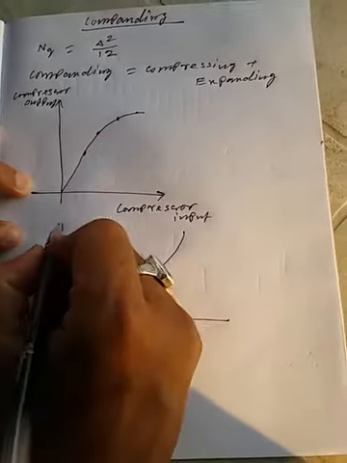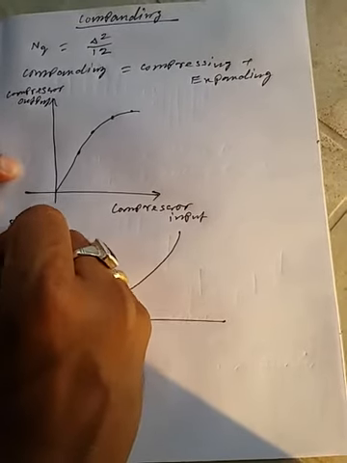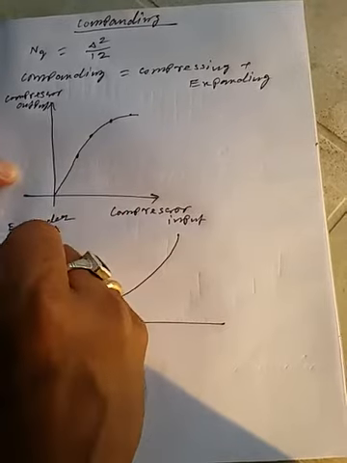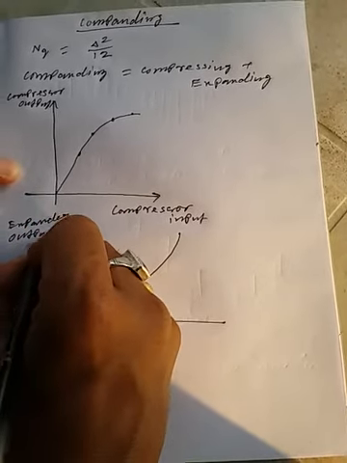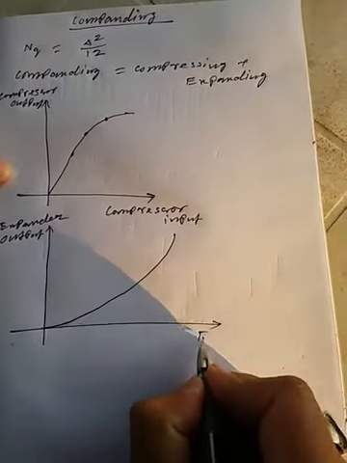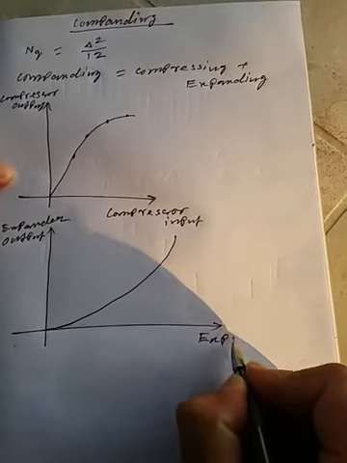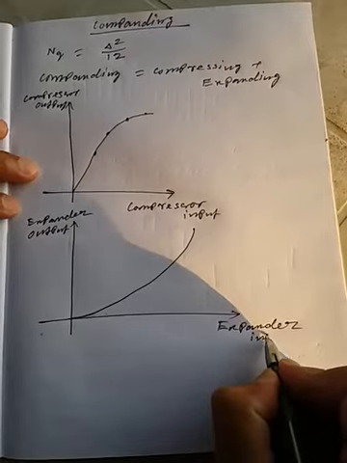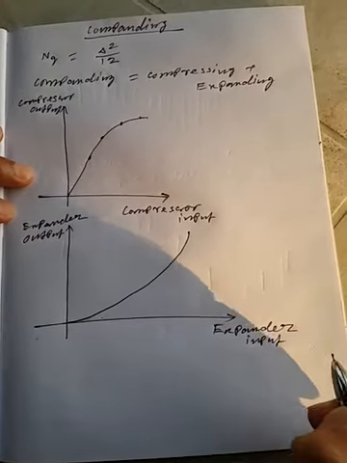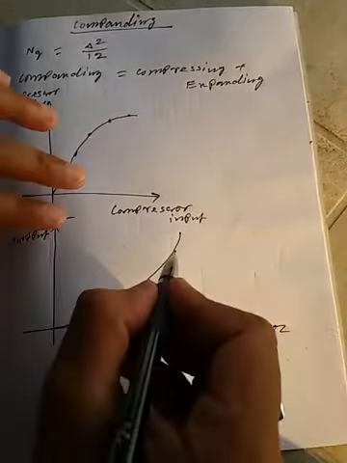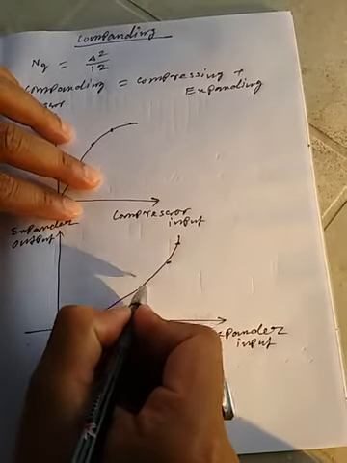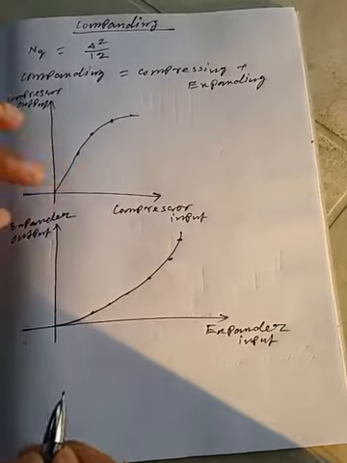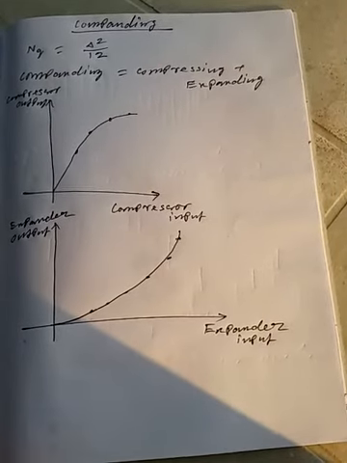Okay, here is the expander output, and along the x-axis there is the expander input. Okay, so the expander characteristics looks like this.